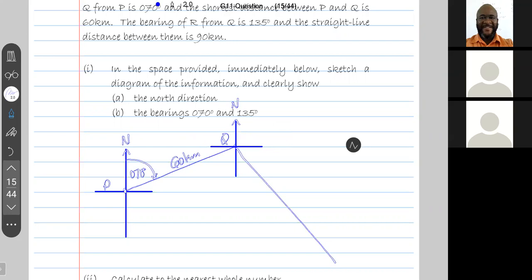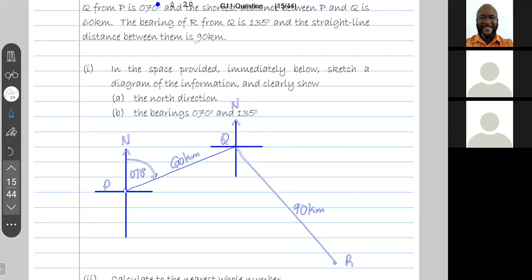And we're told that what? The distance between them is 90 kilometers. So this is R, and this distance is 90 kilometers.